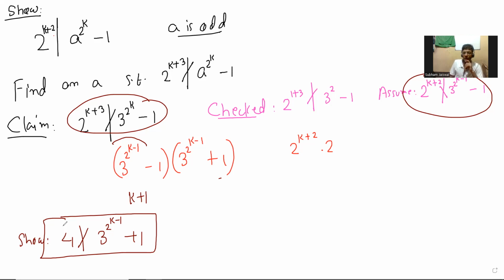The largest power is k plus 2 we want to show. And here we have k plus 1 already. So here the largest power of 2 should be 1. And we want to show that 2 square doesn't divide. So how do we show that 4 does not divide that thing? That's another thing we have to show.